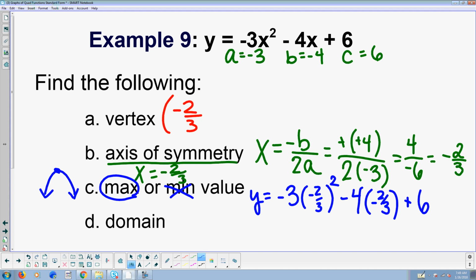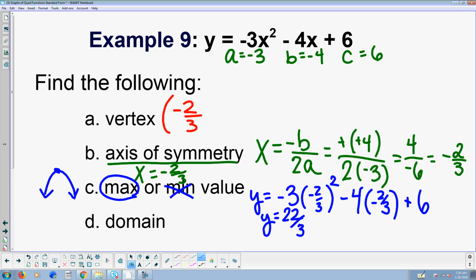Okay, this one's pretty ugly, so why don't you take a moment to substitute this into your calculator and see if you can come up with the correct y-coordinate or maximum value. Pause the video. So when I input this into my calculator, I got y equals 22/3.